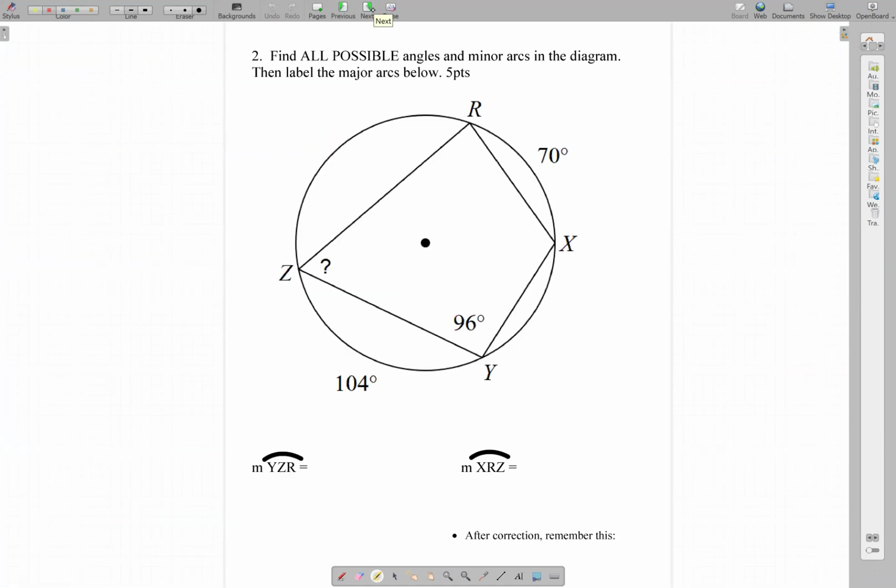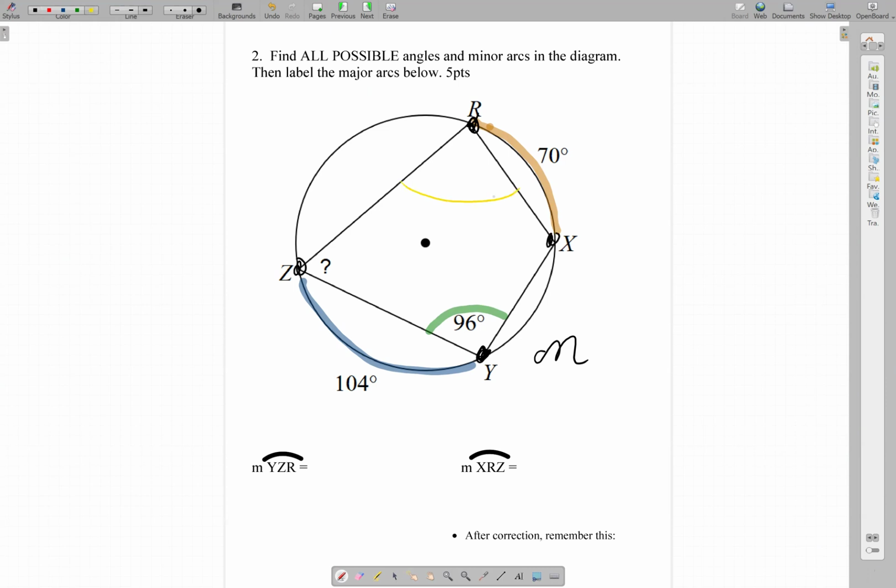This one, find all possible arcs and angles. So just kind of make note of what we have so far. We've got a 70 there, got a 104 here, and our angle is 96. Couple observations. This is an inscribed angle. And we have an inscribed quad.